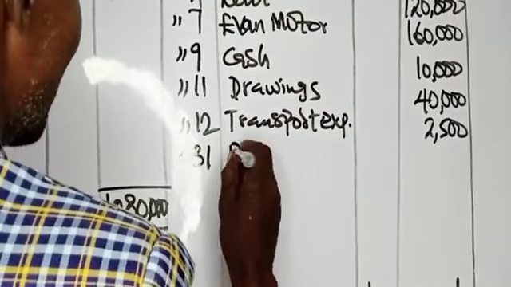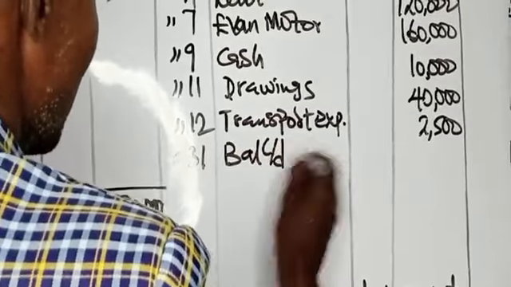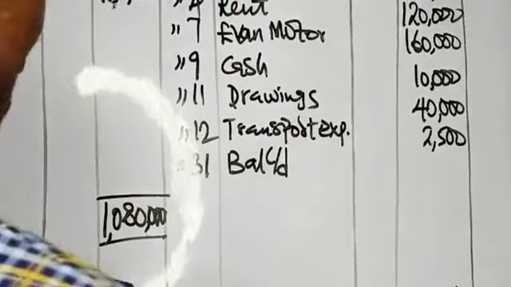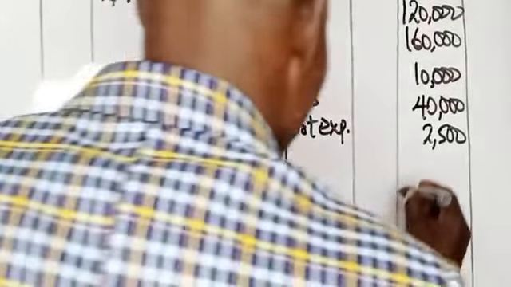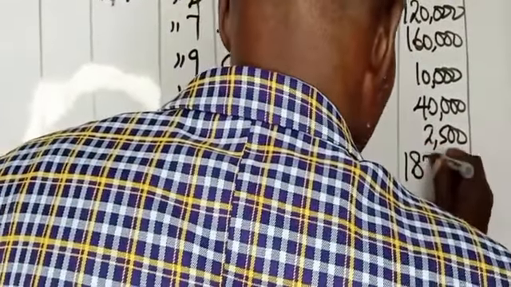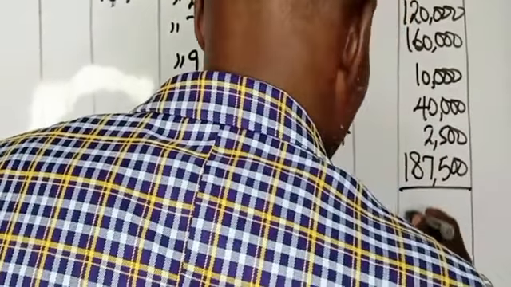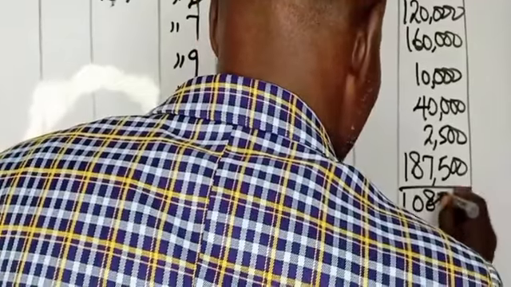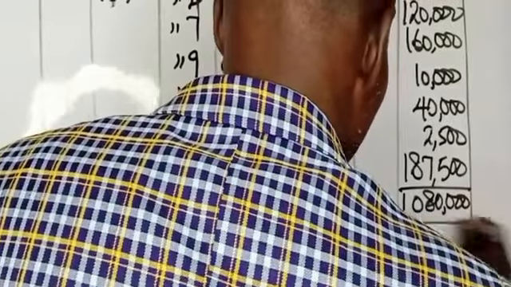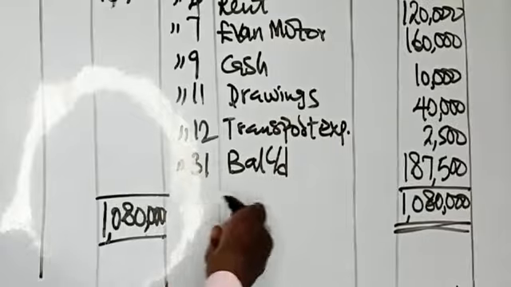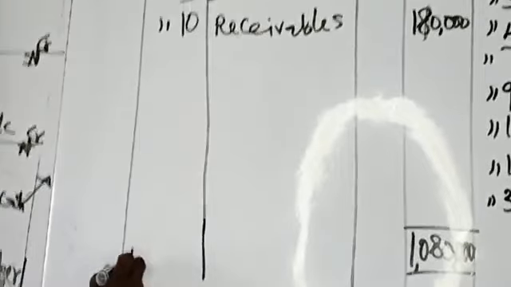So you have balance carried down. So the difference is 187,500. So 1,080,000 is the total. Your balance carried down will be brought down to the next period. After October, we have November 1st.